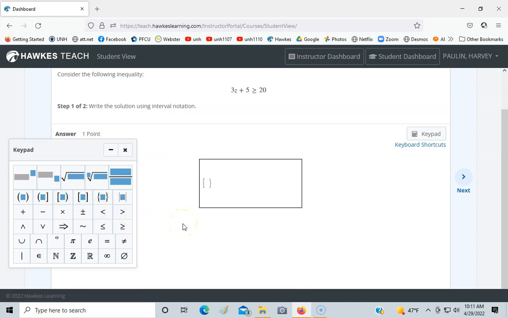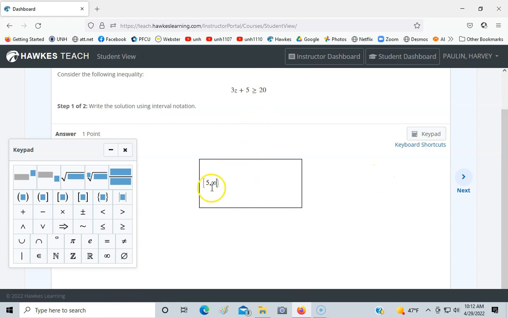And now I'm going to put in there a 5, a comma, and then I have to use the infinity sign, which is right there. So this is interval notation where I've used the keypad after I've solved this. Again, we're not going through the protocol of getting the answers, just putting them into the system.